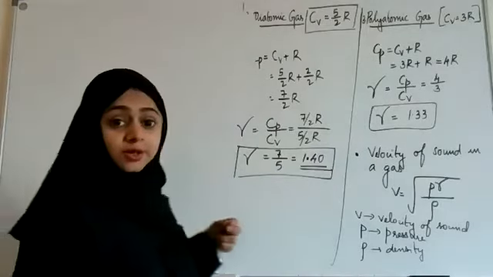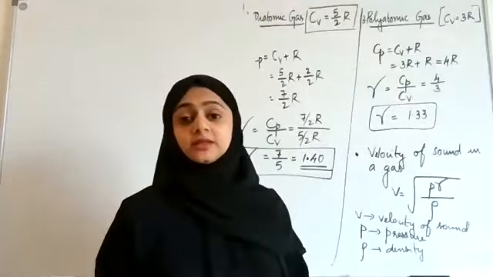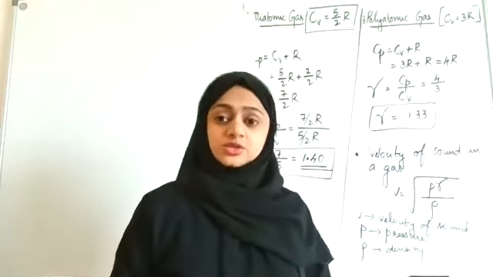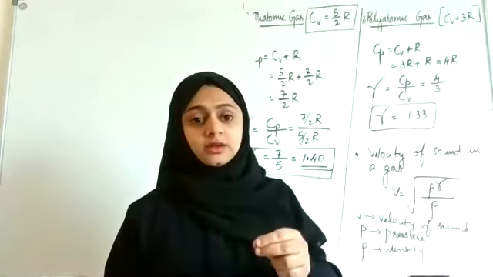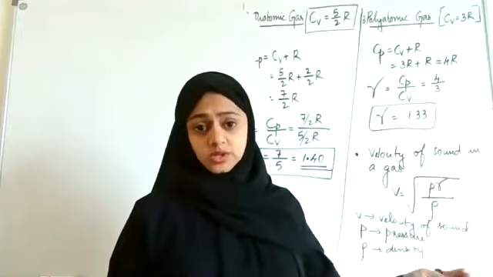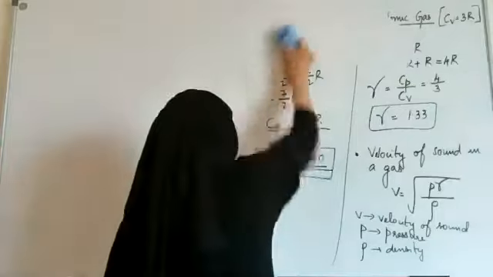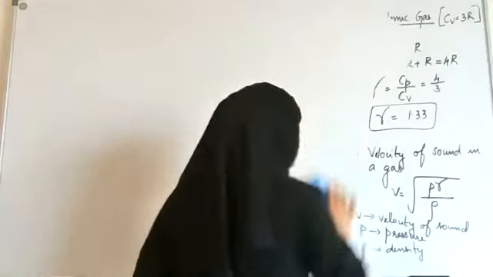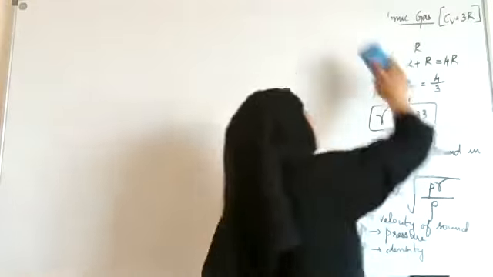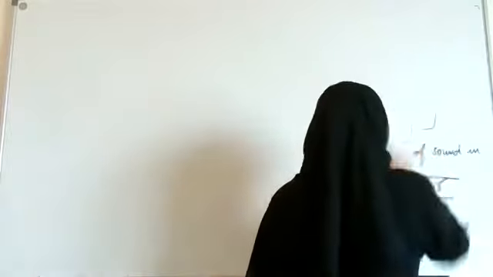A thermodynamic process is called adiabatic if there is no exchange of heat between the system and the surroundings. So for an adiabatic process, there is no exchange of heat between the system and surroundings.